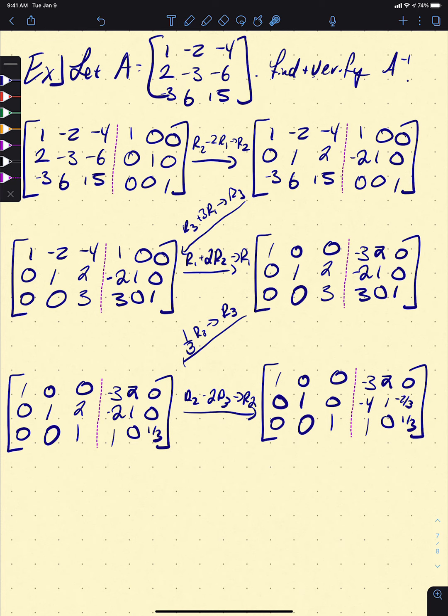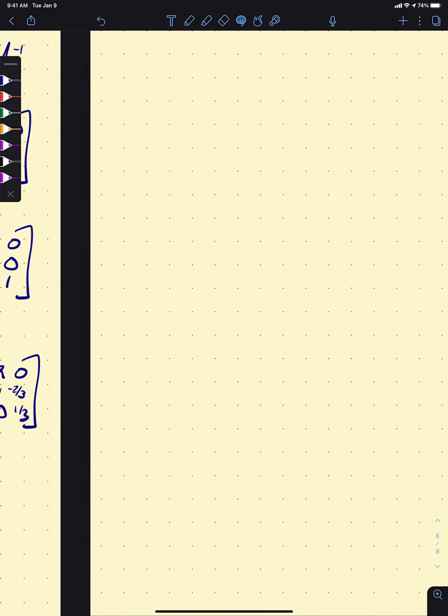And now we have the identity matrix here, and through the magic of these row operations, I claim that that's our identity, okay? But let's verify this, right? We'll need to go into the next page for it. But if we're going to do, say, A times A inverse, well, our A was 1, -2, -4, 2, -3, -6, and -3, 6, 15.